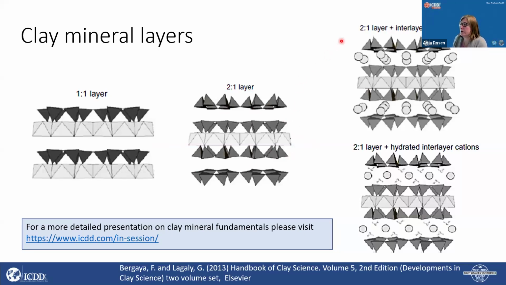This interlayer space is filled generally with interlayer cations that, in the case of expandable clays, make the d-spacing appear larger. And in some other cases, it can be hydrated, and then the d-spacing will appear even larger. So all of this, I talked about in detail last time.